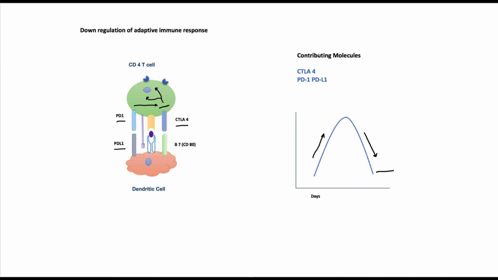Based on cytokines derived from antigen-presenting cells and CD4 T cells, the immune response is then organized according to the nature of the pathogen. Finally, inhibitory molecules appearing on the surface of T cells result in slowing down and finally turning off the immune response.